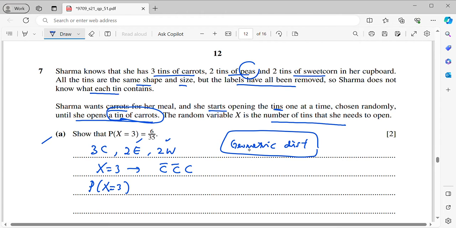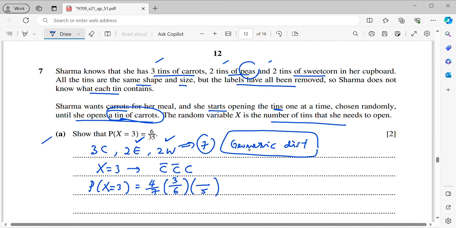So from here, non-carrot means that it will be 4 out of 7, because 3 plus 2 plus 2 is 7. Now after you have opened up the first tin, total left 6. So the non-carrot tins at first 4, so 4 minus 1 becomes 3. And then after she has opened 2 tins, at first 7, so 7 minus 2 left 5 tins.